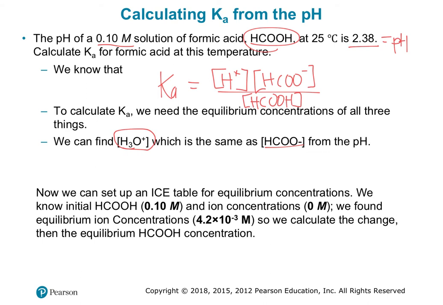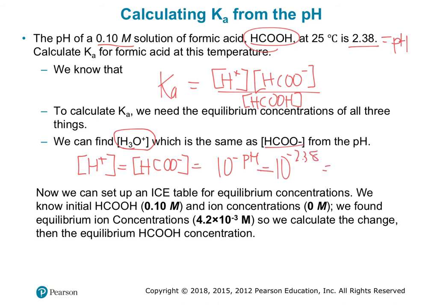So the hydrogen concentration is equal to the formate concentration. We have the pH, so we need to do the inverse: 10 to the negative pH. So 10 to the negative 2.38 gives us a concentration of these two of 4.2 times 10 to the negative 3.